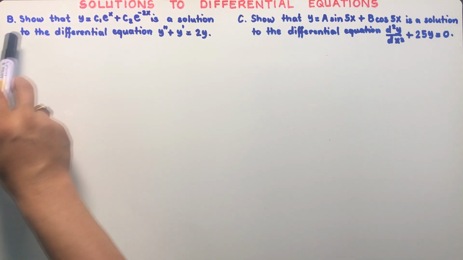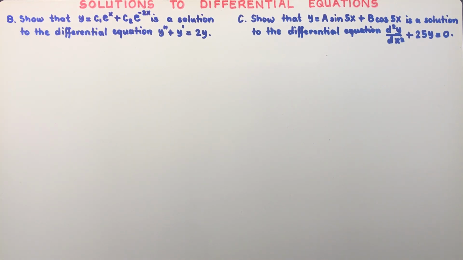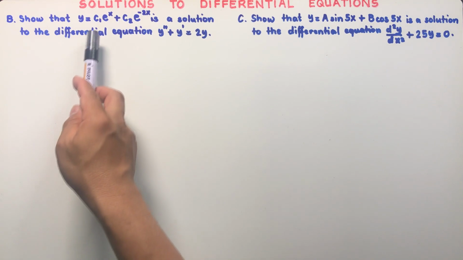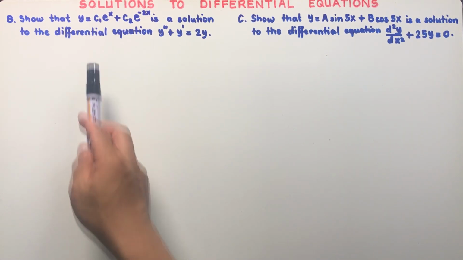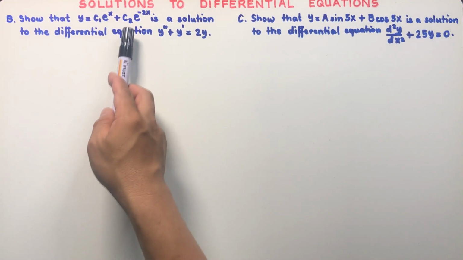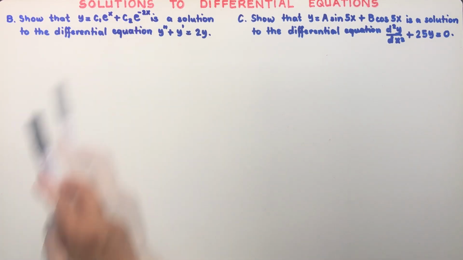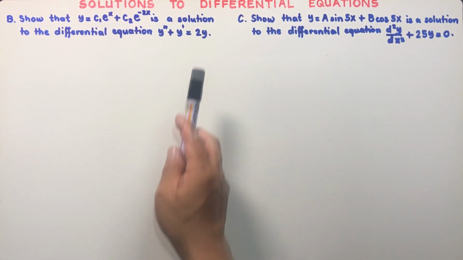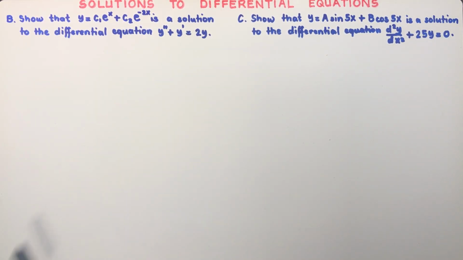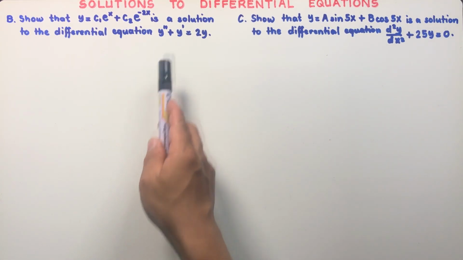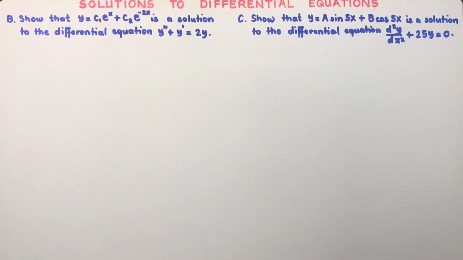So we have B, show that y, which is equal to c sub 1 times e to the x plus c sub 2 times e to the negative 2x is a solution to the differential equation y double prime plus y prime, which is equal to 2y.